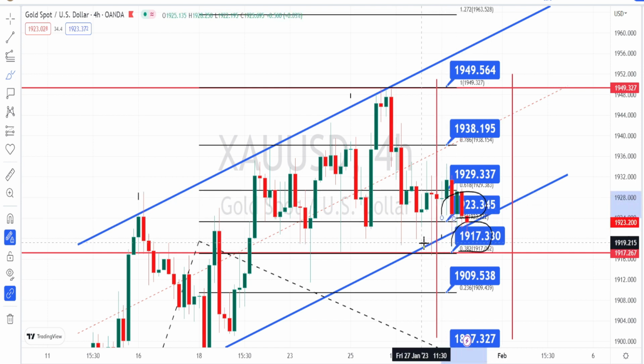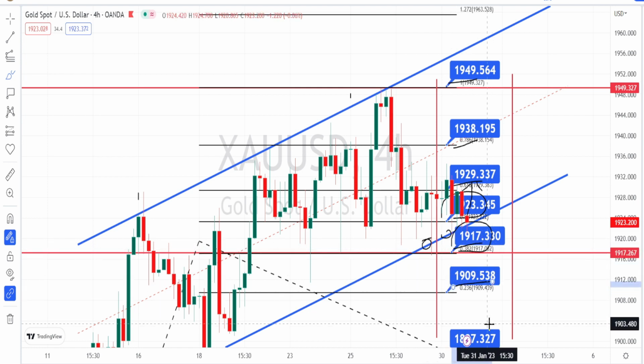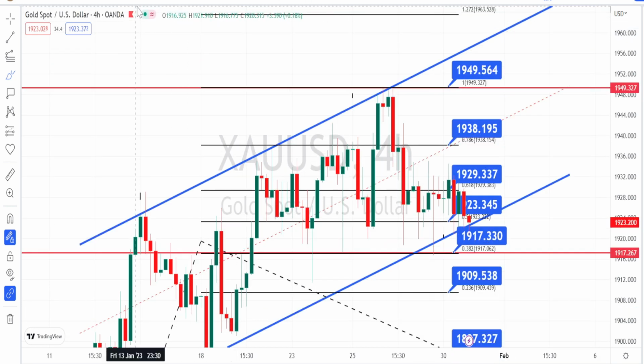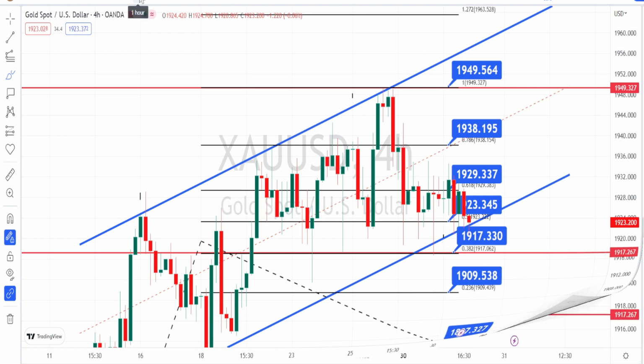And if the price action takes support on this bullish channel pattern support line and bounces back on the bullish side retracement, the next level of resistance is going to be around 1929, 1938 and 1949. And if the price action breaks the support level of 1917, next level of support is going to be around 1909 and 1997.